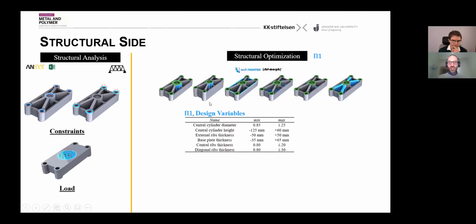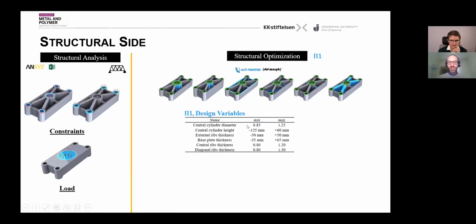Here you can see that the design variables could change between a minimum and a maximum. So they are not fully free to change, but we have some constraints on changing.